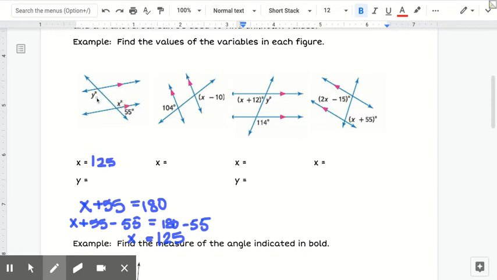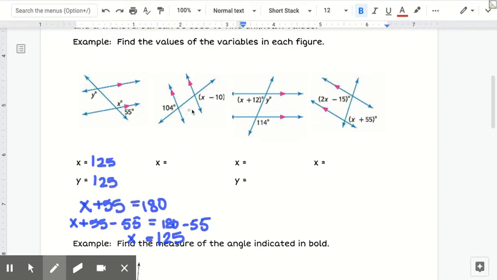These two are between the two parallel lines, so they're interior, and in relation to the transversal, they're on opposite sides. So these are alternate interior angles, and alternate interior angles on parallel lines are congruent. So if x is 125, then y is also 125.